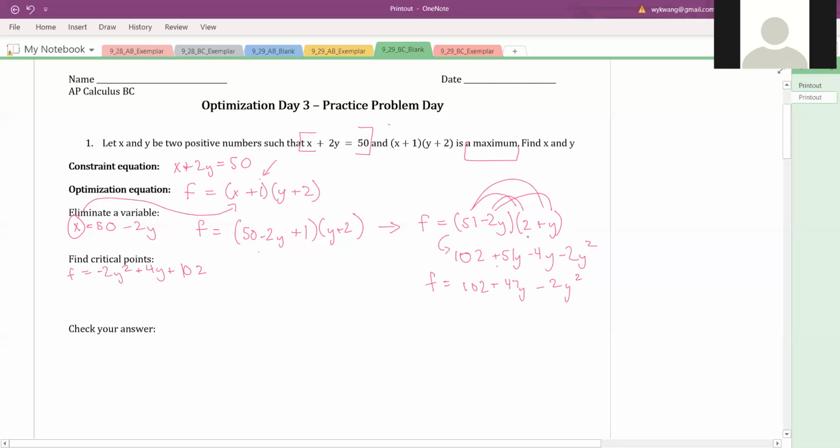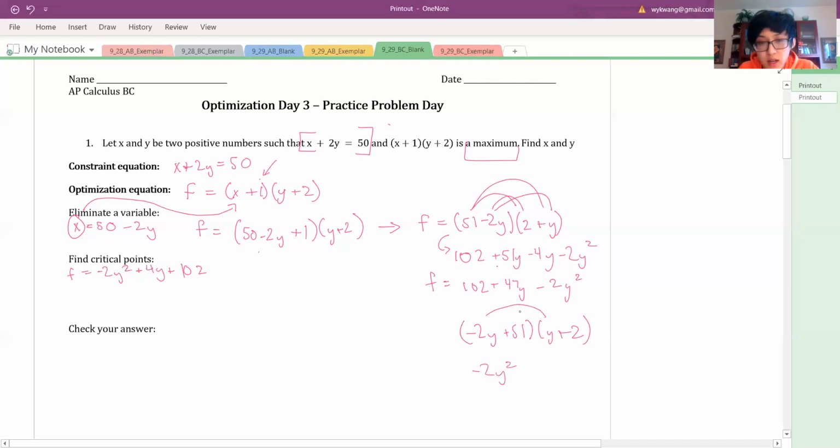Okay. If it's more clear, I think sometimes it's easier to visualize it. Like you can rewrite this as negative 2y plus 51 times y plus 2. I'm also more used to working with equations in this form. So then you multiply negative 2y times y, so negative 2y squared, negative 2y times 2 is minus 4y, plus 51y plus 102.